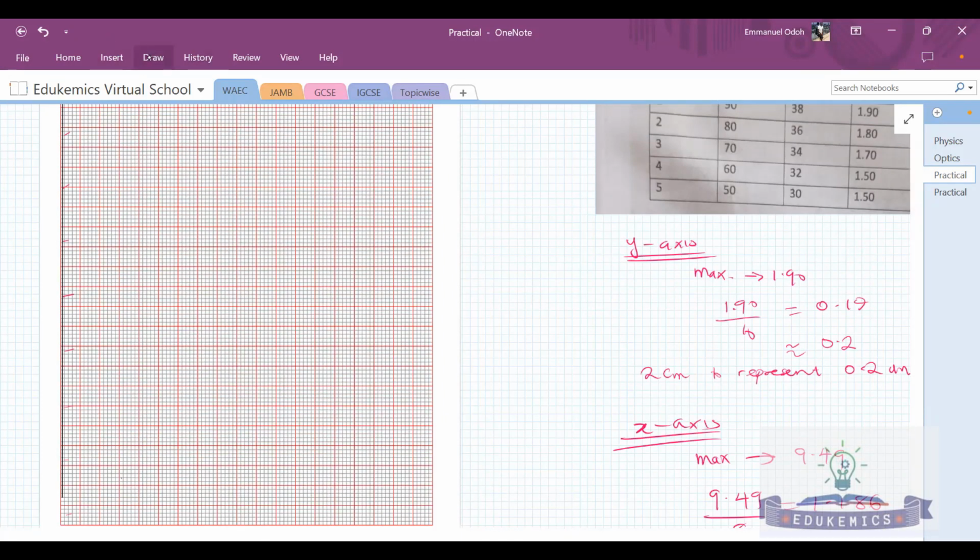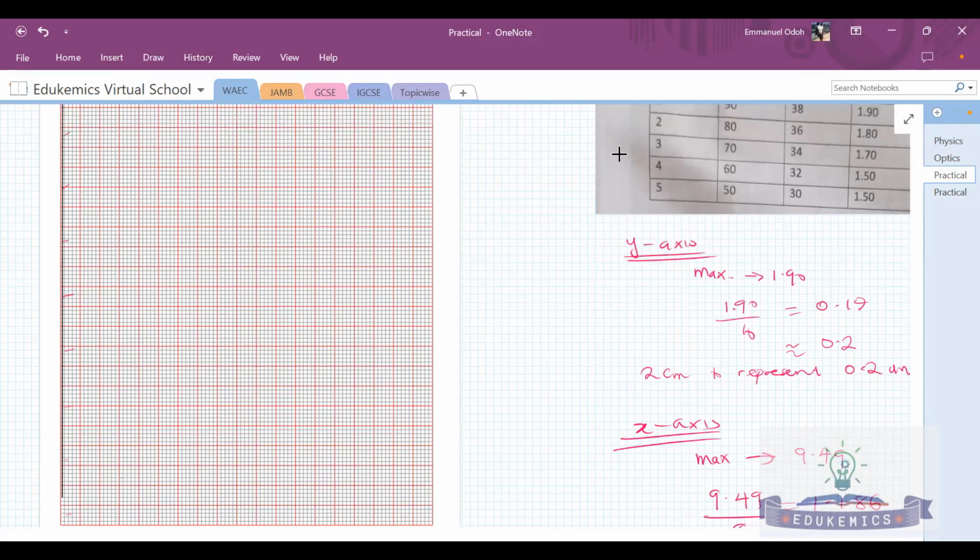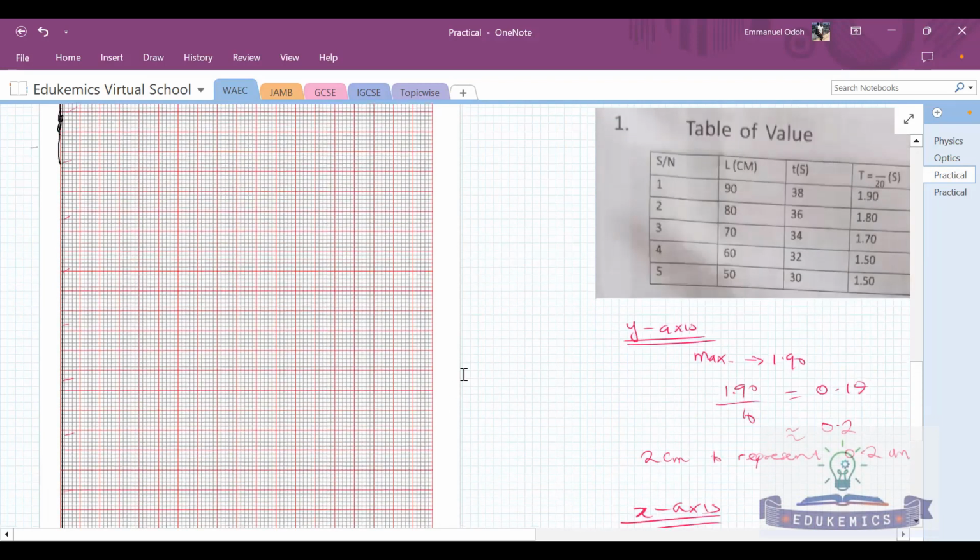And then, draw my line so I can start selecting these points.